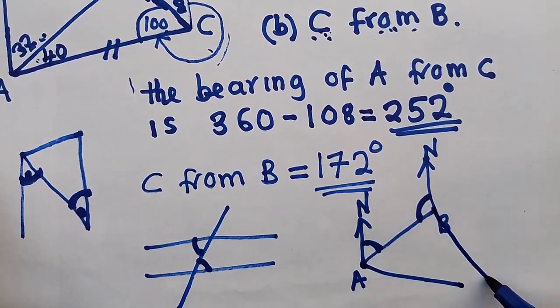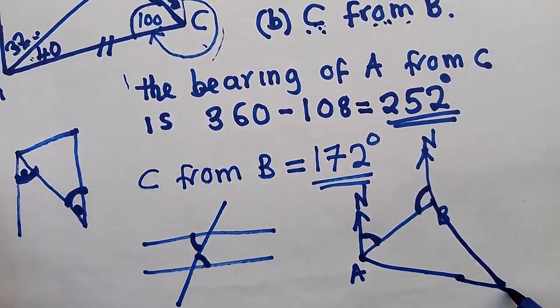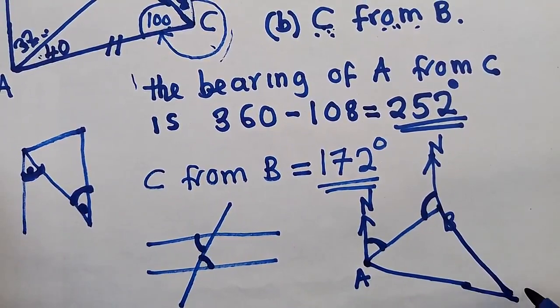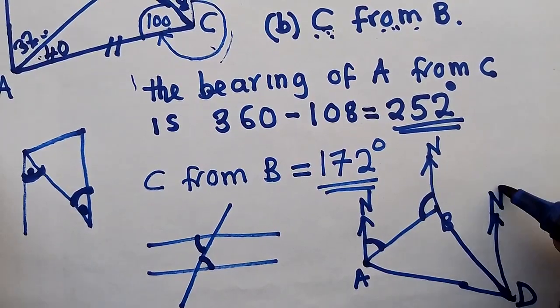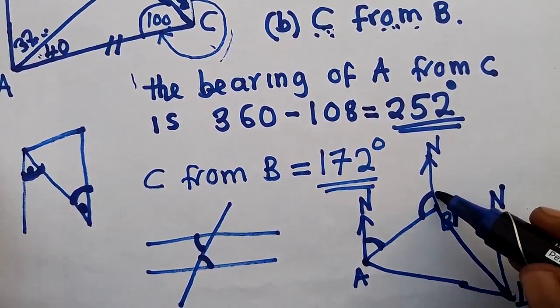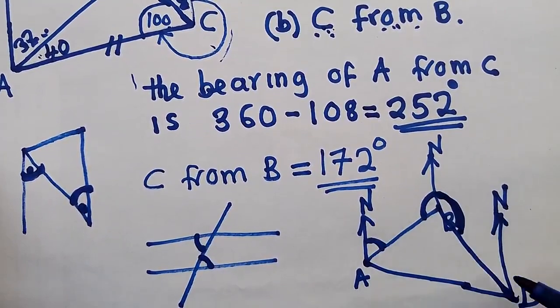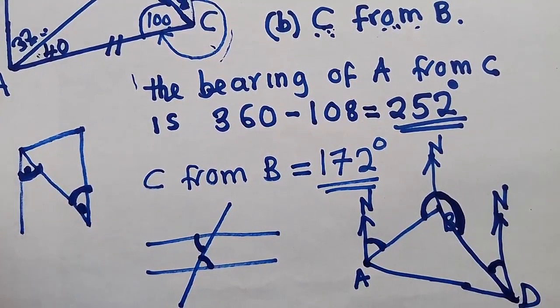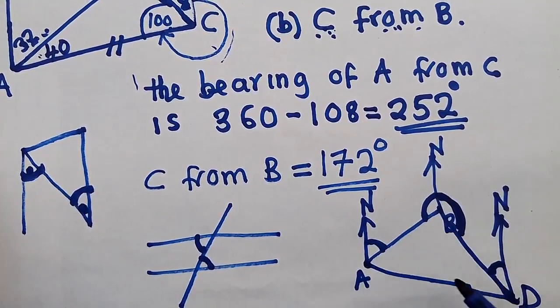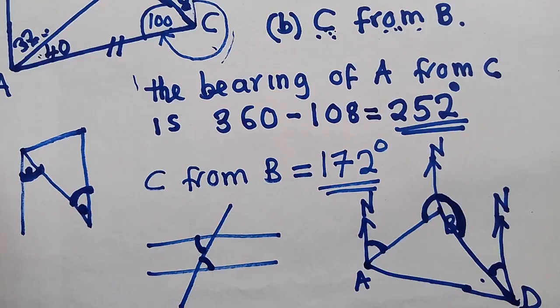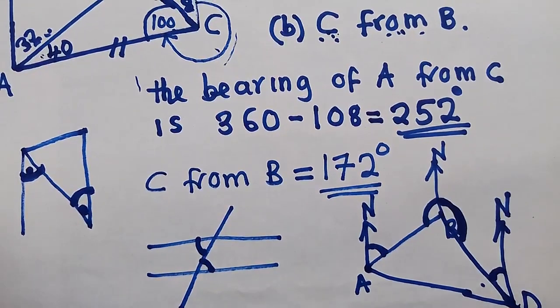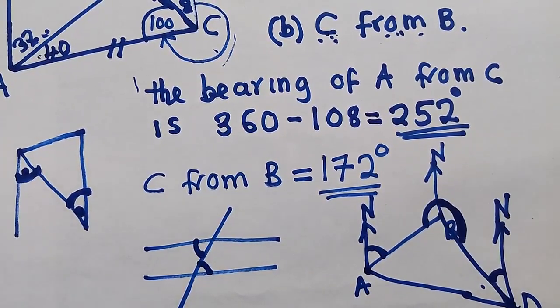They will put something like this and say that this is D. Even here, when I put a north here like this, the angle which is there and the angle which is here must also add up to 180. And you know that angles inside the triangle add up to 180. So these are some of the things that will help you answer that question or understand that question.